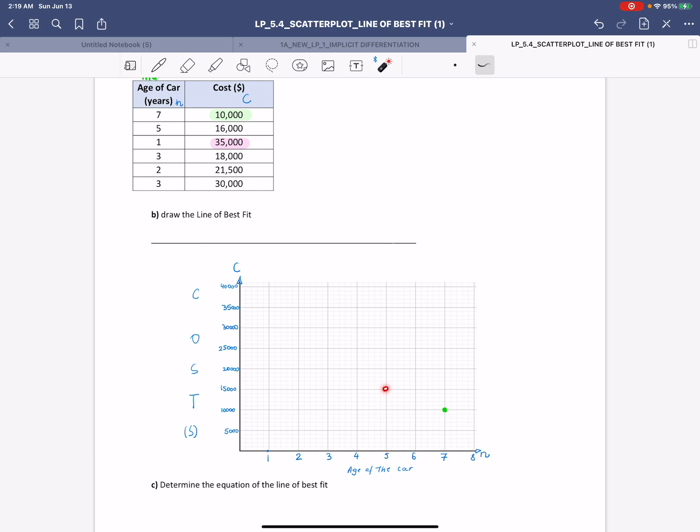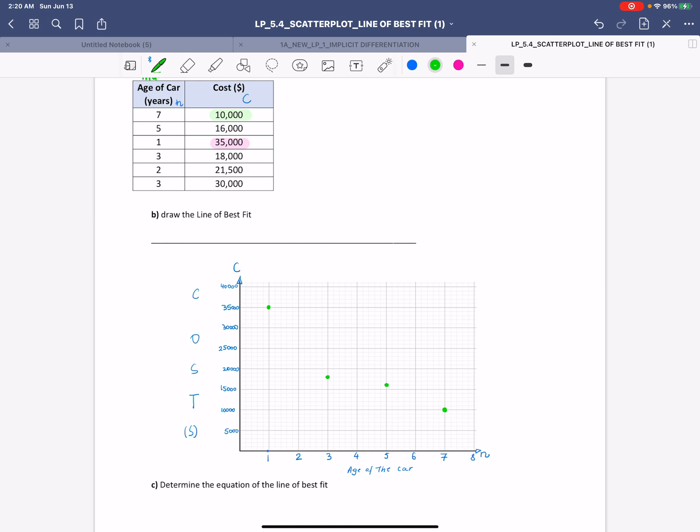So this will be 15, and one more square and we hit 16 here. Year 1, 35,000, so higher cost or value, we should say. So 3 years, 18,000. Each tiny little square would be 1,000, right? So this would be 18,000.